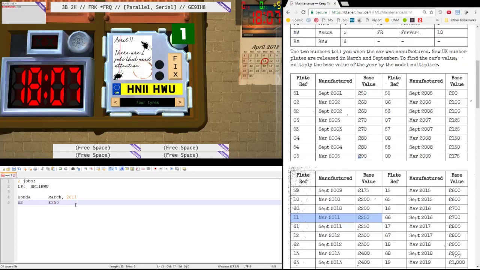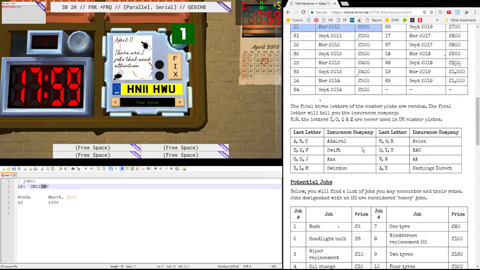There we go. And let's see, the 5th and 6th character are mostly there for show. And the 7th character gives us an insurance company. In this case, Uniform U, which corresponds to Insurance RAC.